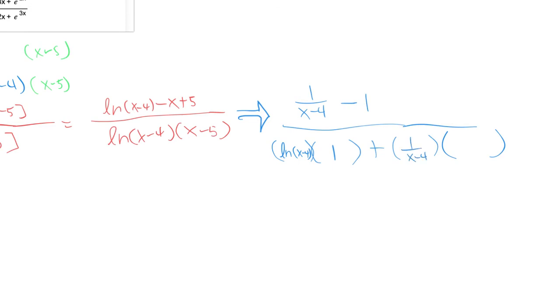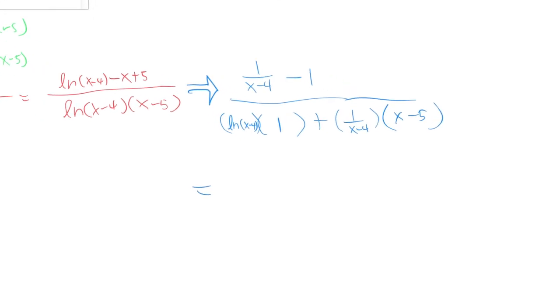That's the derivative of ln x minus 4 times the original x minus 5. Now, I believe we could then simplify this further. We have 1 over x minus 4 minus 1, all over, looks like it's ln x minus 4 plus, let's see, x minus 5 over x minus 4.